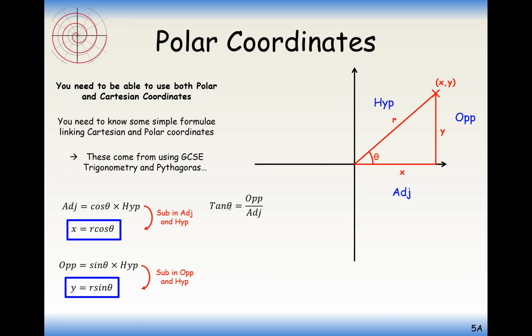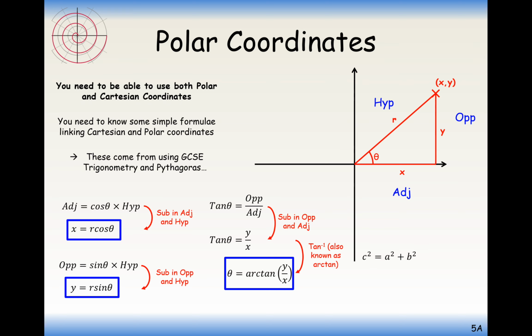If we remember that tan theta is equal to opposite over adjacent, then we can inverse the tan on that and get theta equals arctan y over x, the opposite side over the adjacent side. And then if you do a bit of Pythagoras theorem, a squared plus b squared equals c squared, then it's just going to be r squared equals x squared plus y squared.